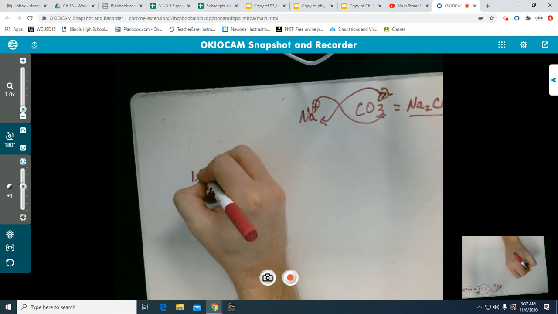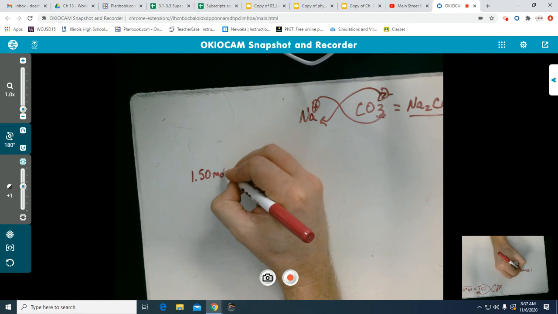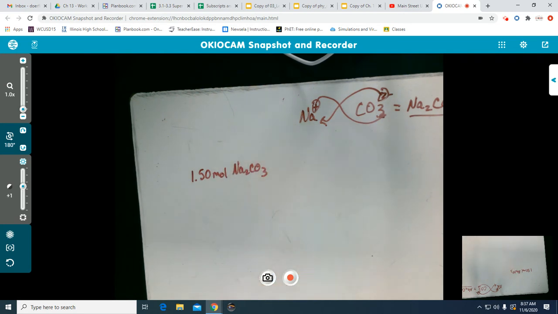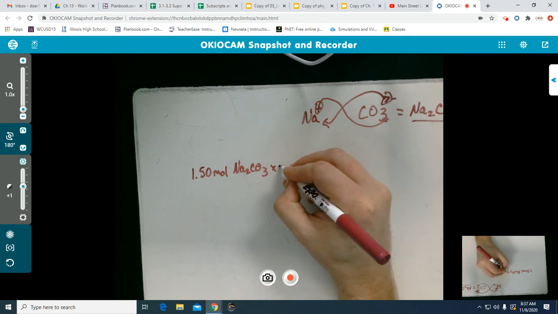Write our given: 1.50 mole Na2CO3. What's next?